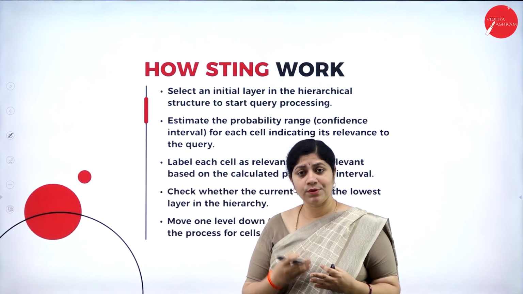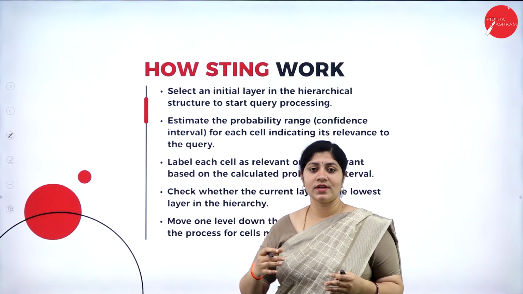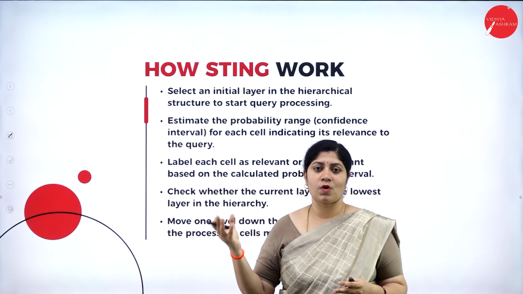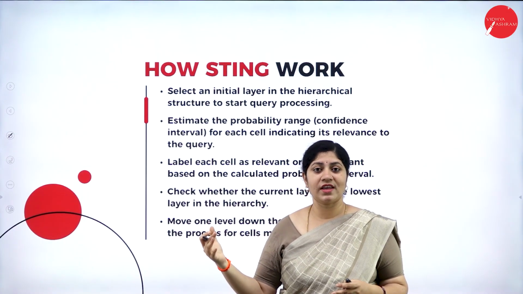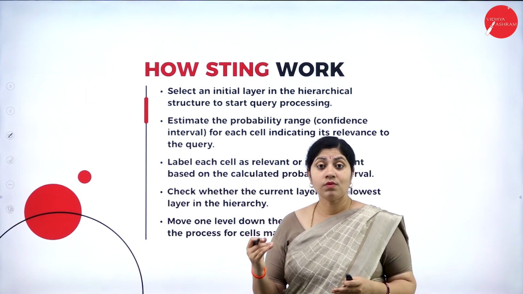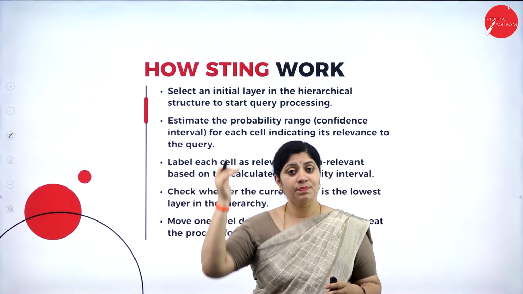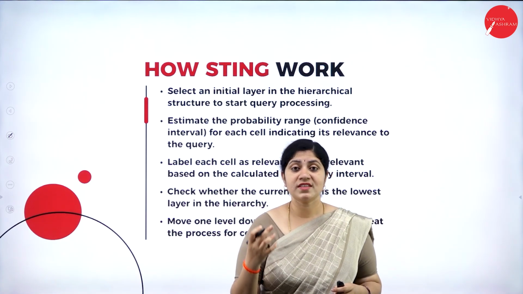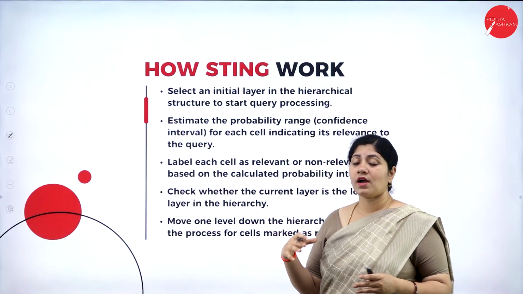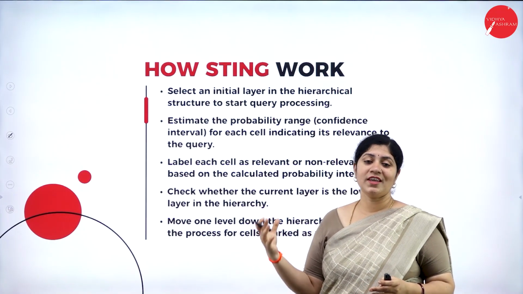Up next, we need to verify whether the current layer is the lowest layer in the hierarchy. Up next, we move one level down the hierarchy and repeat the complete process for the cells marked as relevant. So this is the complete working of STING.